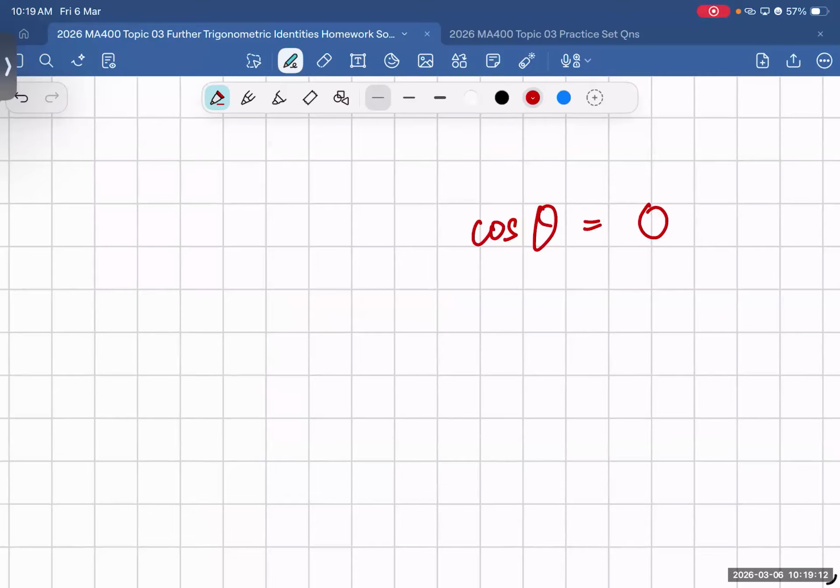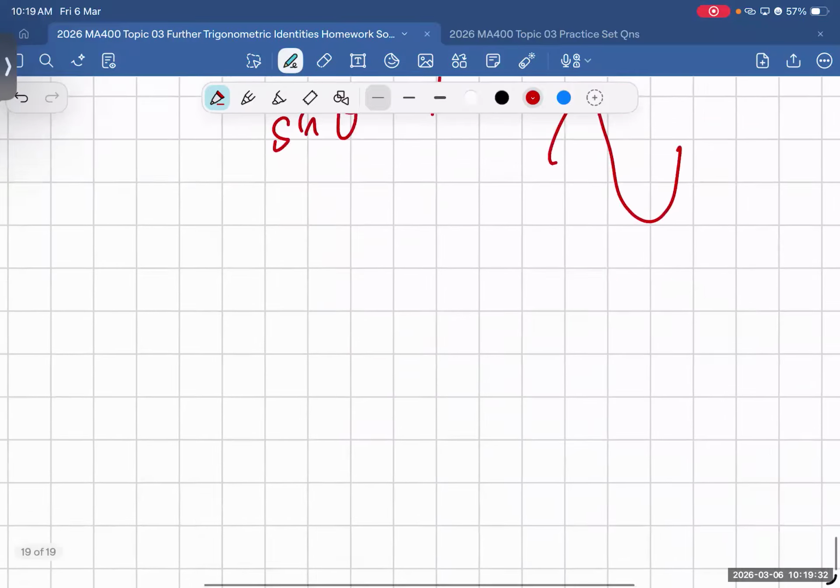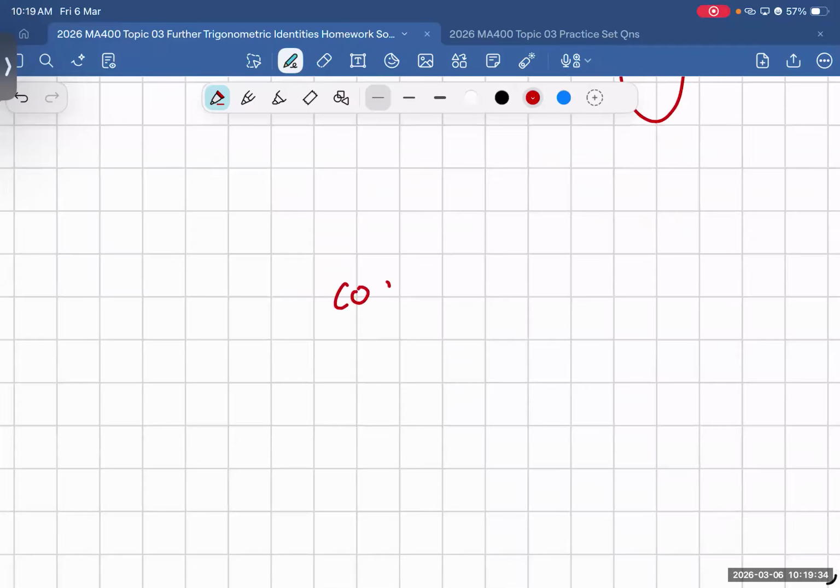Emily. Sine theta equals negative 1. What is theta? I give you a hint. The graph looks like that. Correct. Yen. Cosine theta equals 1. Correct. Very good. Joshua.